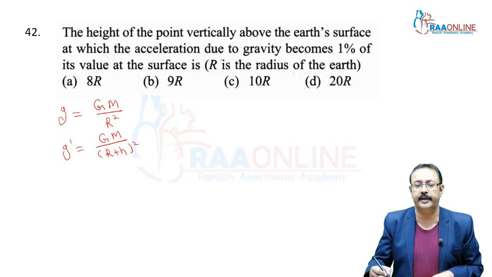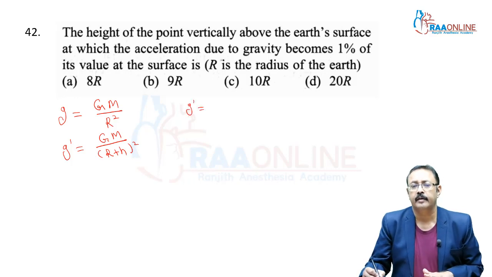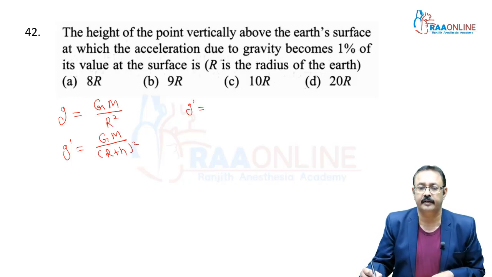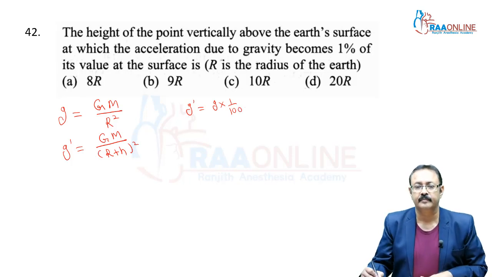But what they are saying is that g dash is 1% of its value, meaning g into 1 upon 100. So g dash upon g is equal to 1 upon 100.